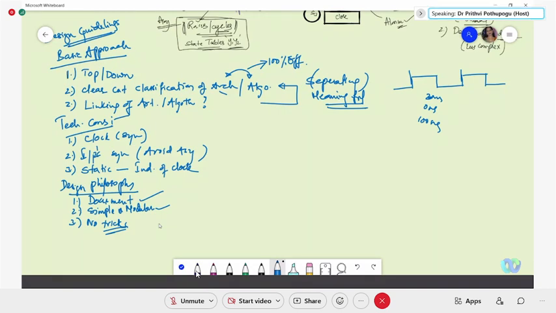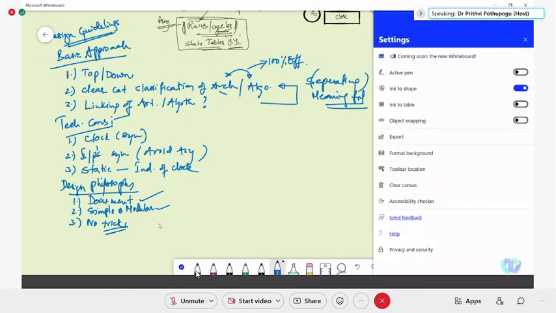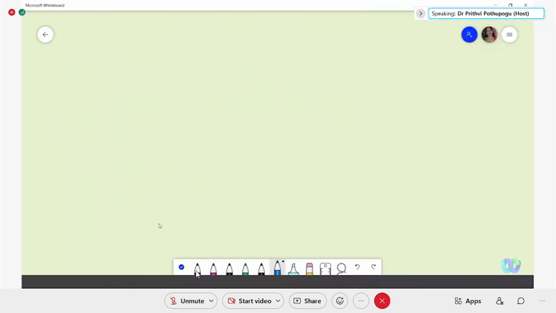So this VHDL, let me introduce this hour, and next hour I'll take it further. This V here stands for very high speed integrated circuit hardware description language.